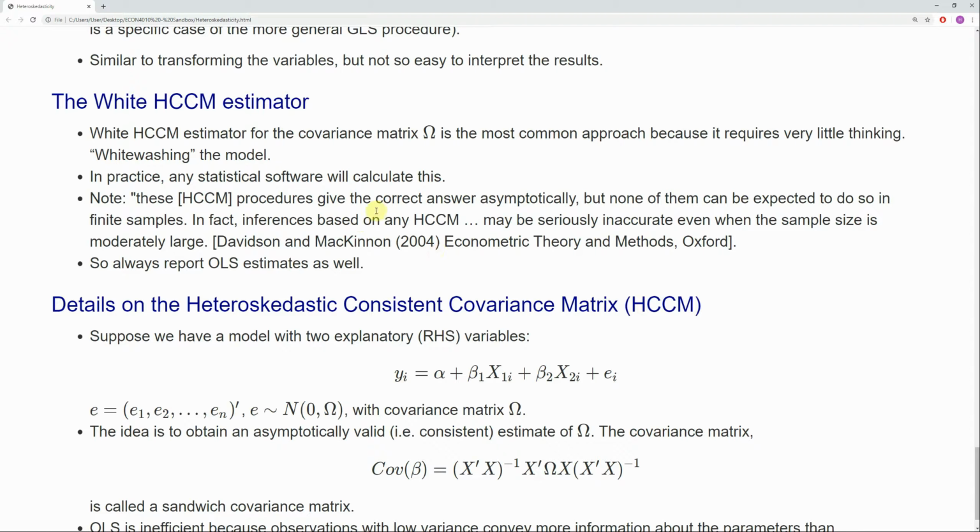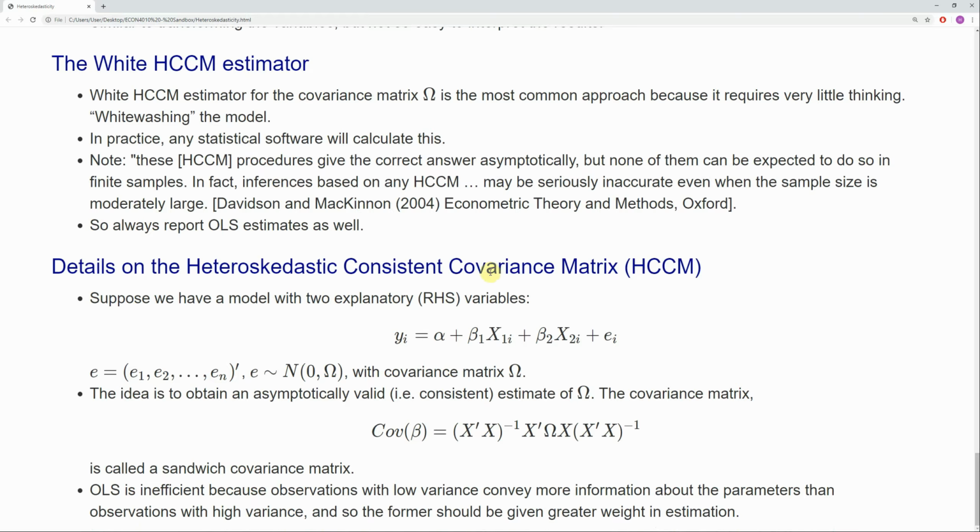So they could give you good answers when you deal with asymptotic cases, and that means you have a relatively large number of observations, but you cannot expect good performance from them when you have a smaller sample size.